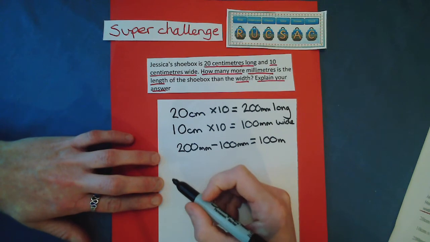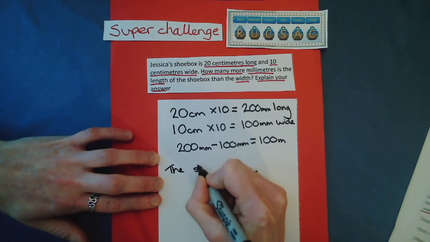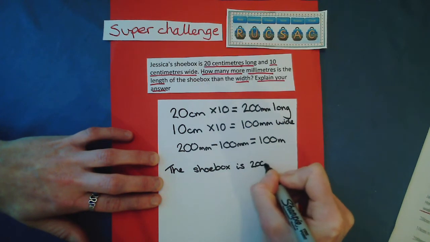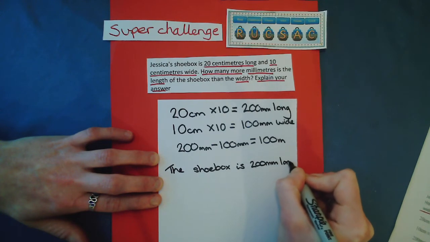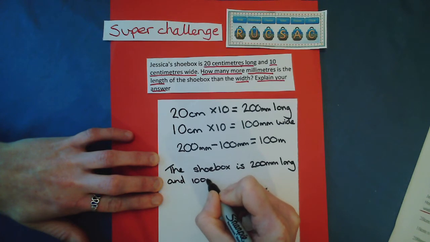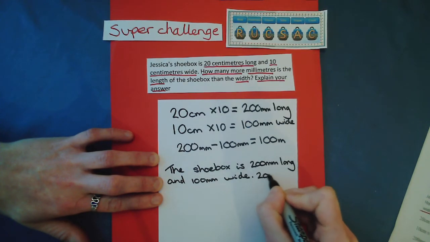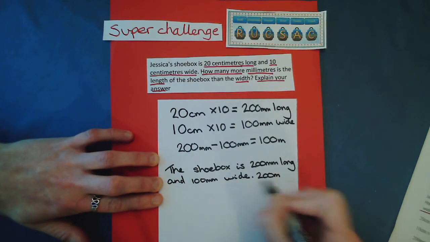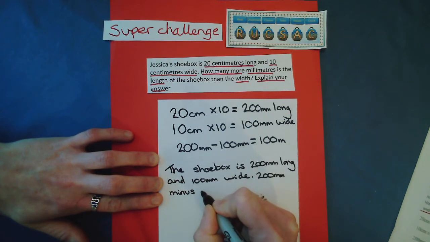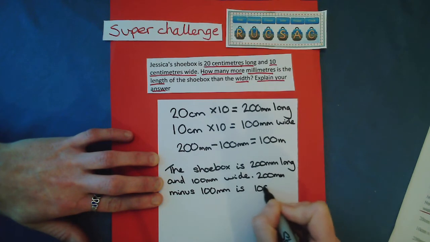So I would write something like this. The shoebox is 200 millimetres long and 100 millimetres wide. 200 millimetres minus 100 millimetres is 100 millimetres.